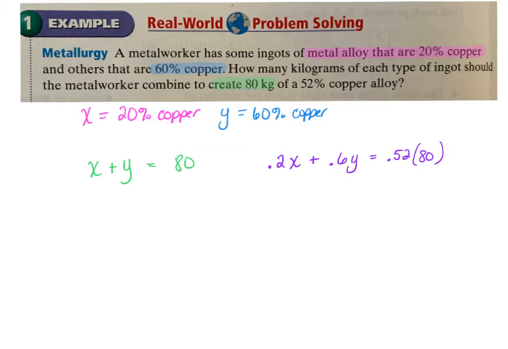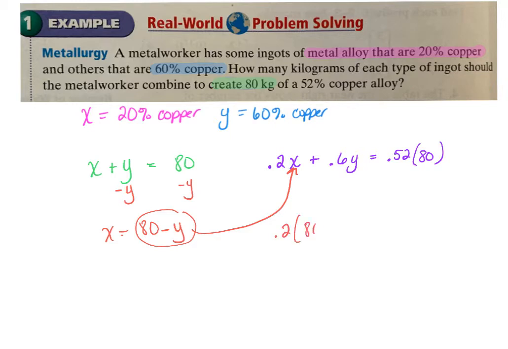For substitution, we get the X by itself. So let's just subtract our Y. X equals 80 minus Y. Everybody see what I did? We're going to take that 80 minus Y and plug it in, and then we're going to solve. So we're going to say 0.2 times, instead of X, 80 minus Y, plus 0.6 times Y equals 0.52 times 80.